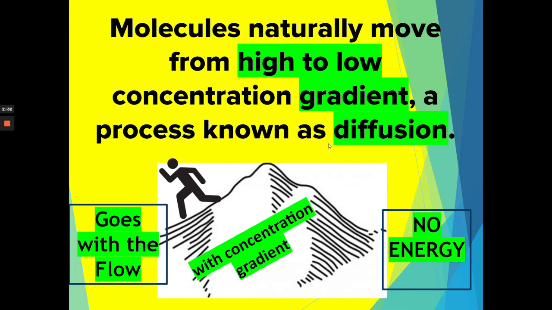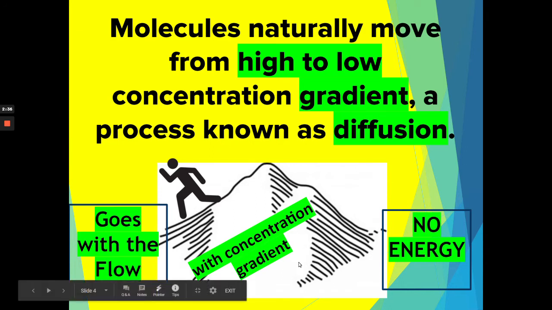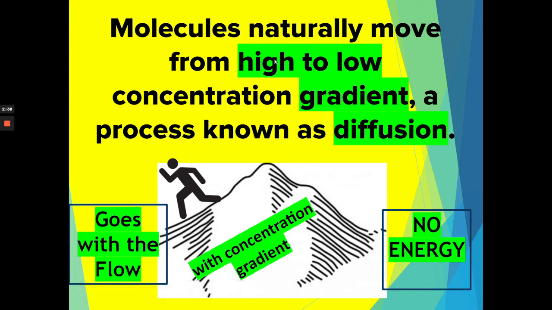And these are some key factors to passive transport. You're going with the concentration gradient, which means going from high to low. That's what's normal, that's what's usual, to go from an area of high to low concentration. So we could say that we're going with the flow. And in both of those situations, we could say that energy is not required.